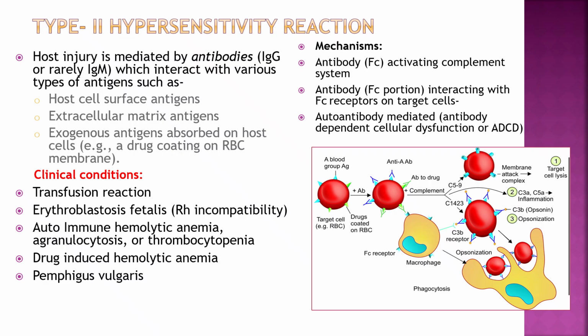Clinical conditions are transfusion reaction, erythroblastosis fetalis, autoimmune hemolytic anemia, agranulocytosis, thrombocytopenia, drug-induced hemolytic anemia, and pemphigus vulgaris. Mechanism: antibody Fc activating the complement system, antibody Fc interacting with Fc receptors on target cells, and autoantibody mediated antibody dependent cellular dysfunction or ADCD.